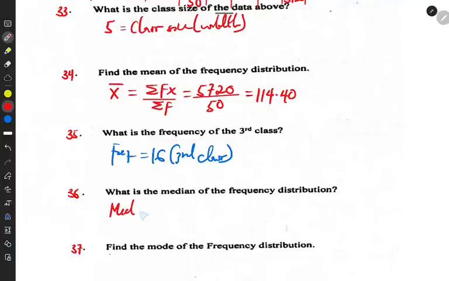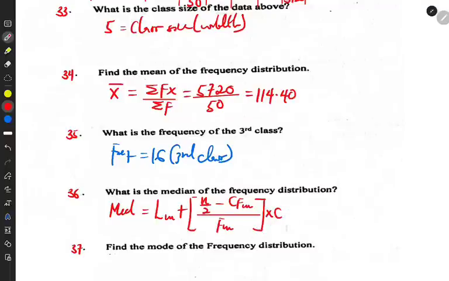So median is supposed to be equal to the lower class limit of the median class, or the lower class boundary, plus n over 2, minus the cumulative frequency before the median class, divided by the frequency of the median class, and then all multiplied by the class size.